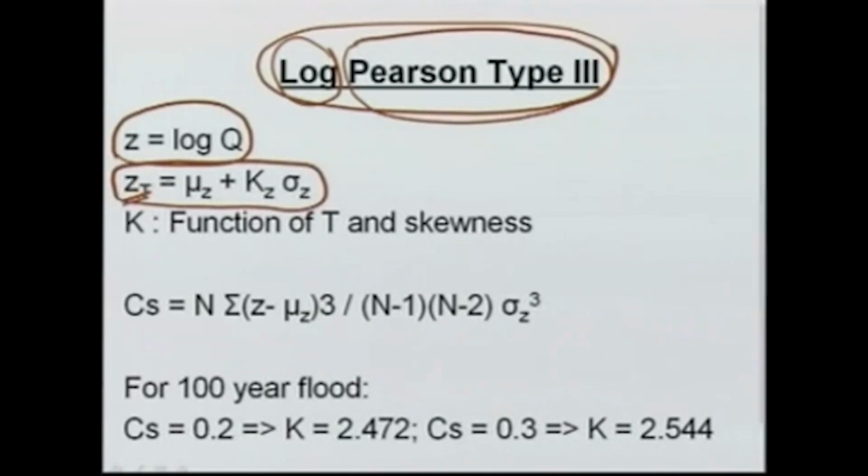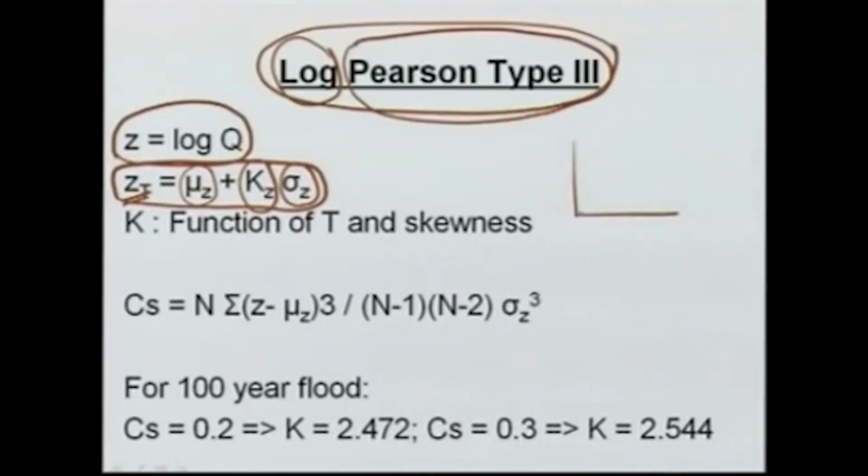and for any return period t, z value will be given by mean, again a constant k, and the standard deviation sigma z. Now, in this case the distribution is supposed to be skewed. So, it is not a symmetric distribution like this, but it can be skewed like this, or it can be skewed like this.